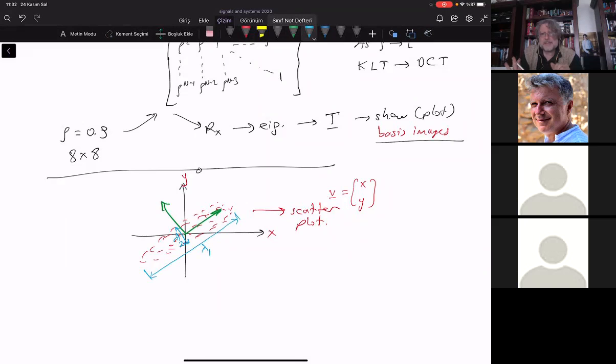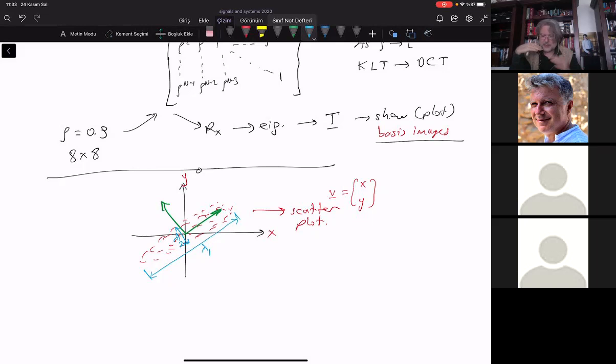These thicknesses indicate eigenvalues. So in the Karhunen-Loève transform, we are trying to find the principal axis where the most variation is shown, corresponding to a variation of lambda 1, for example. That is the energy variation of the signal along that direction.